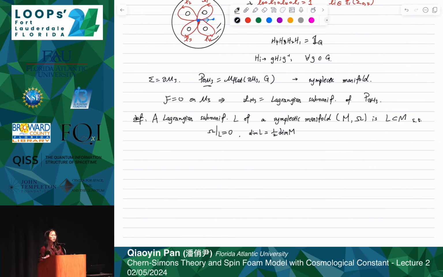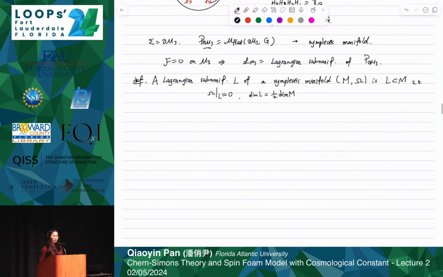This is not something very new. We actually have a very easy example of it. An example is I consider M to be R2, and the symplectic form is dp wedge dx. Then I define the Lagrangian submanifold L by letting p equal to 0. Then L itself is isomorphic to just a real line. We do this all the time.